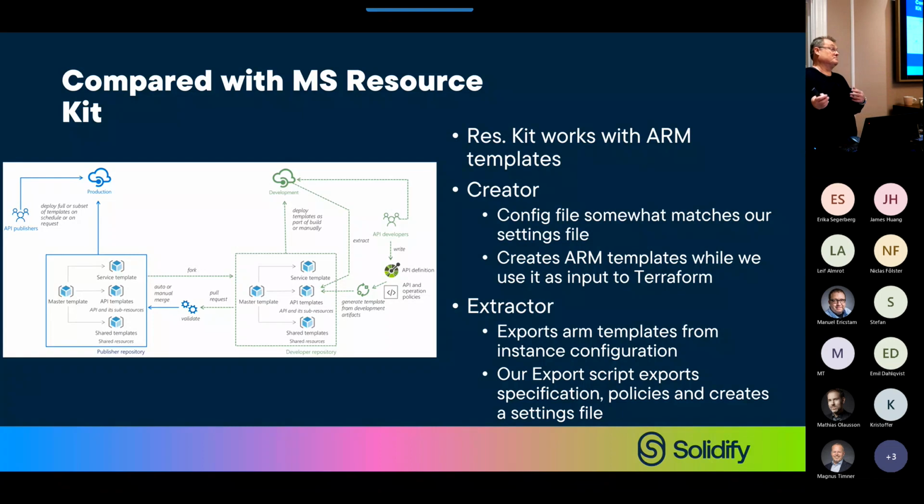While the export script that we have created instead generates the configuration file that you later can work with, the policy files that you have, and the specification itself. It exports from that environment. So that is the difference.